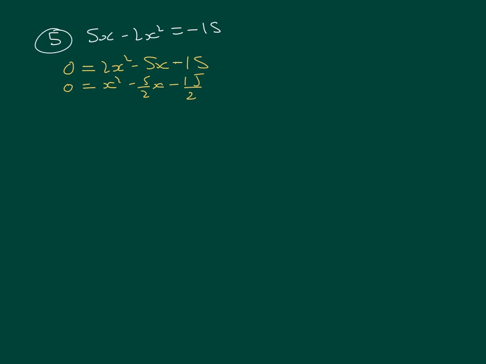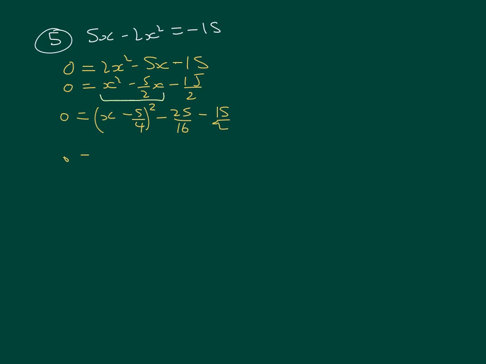Then I want to complete the square on these two terms here, which is going to give us 0 equals x minus 5 over 4 all squared minus 5 over 4 squared is going to be 25 over 16 minus 15 over 2. So again we're going to have to make these some common denominators.